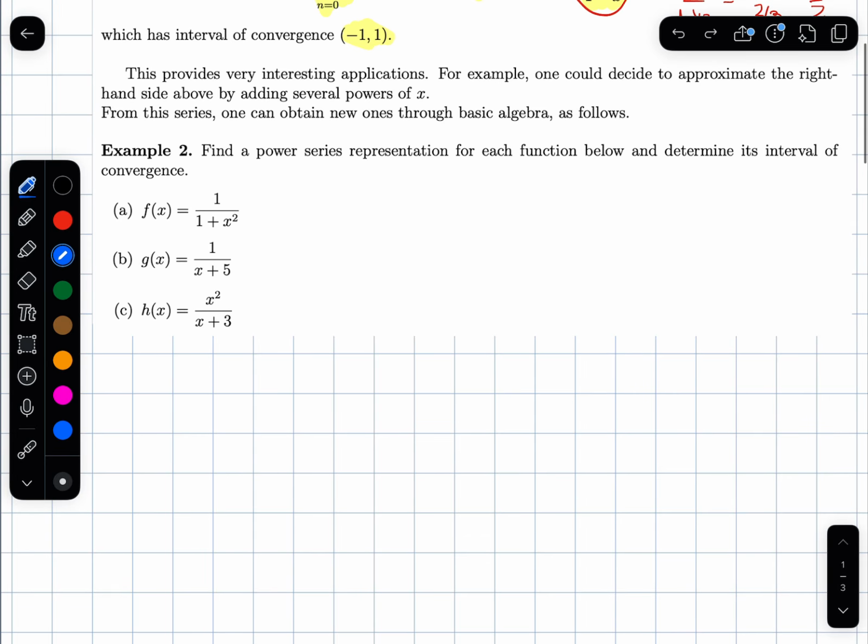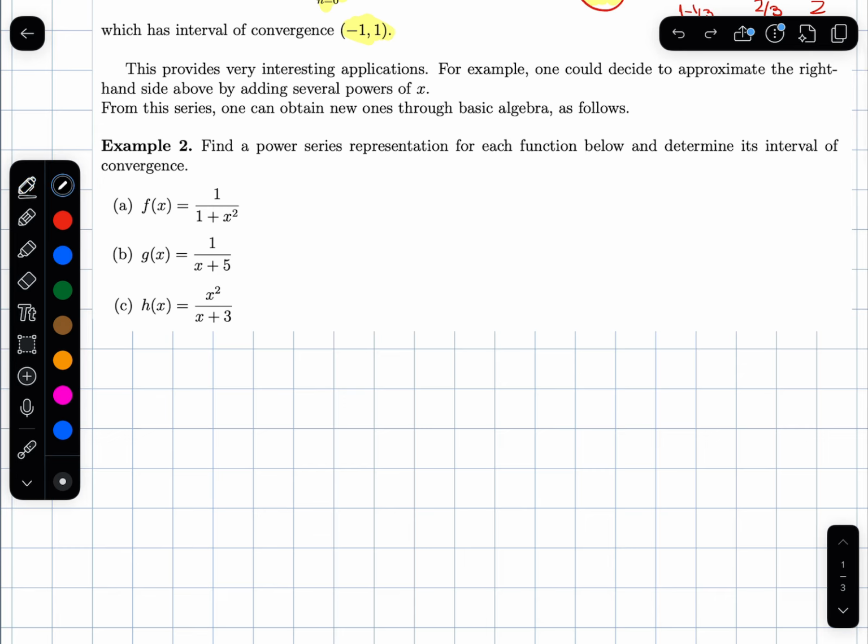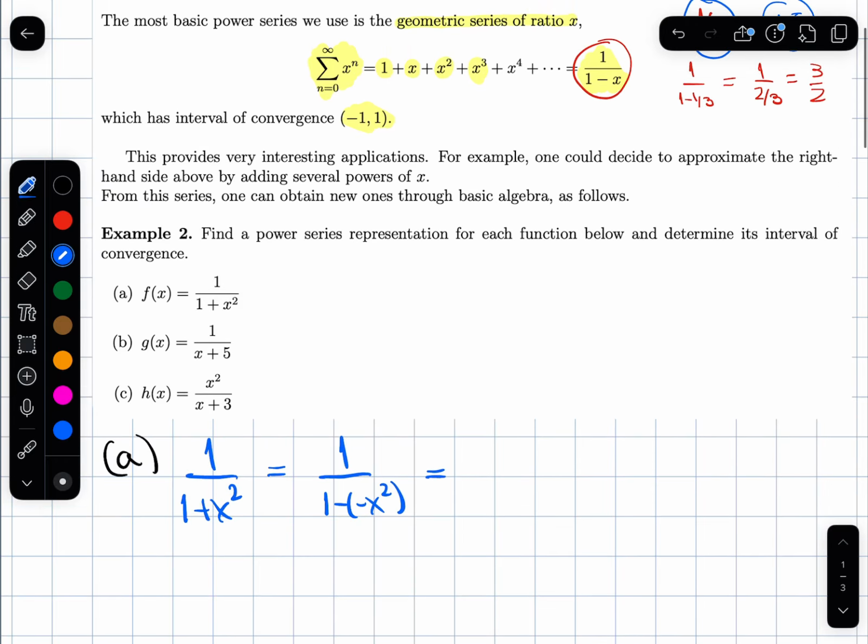So let's go over the example here, and with some basic algebra, we should be able to very easily see that 1 over 1 plus x squared is the same as 1 over 1 minus negative x squared, which, if you go back, is the sum of a geometric series with this in the middle being the ratio. So this equals the sum from n equals 0 to infinity of negative x squared to the power n.